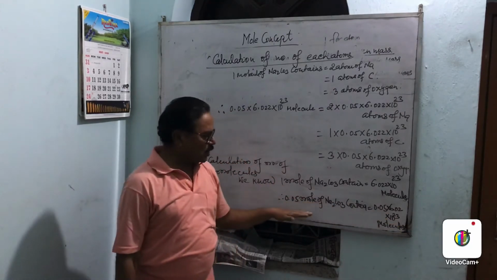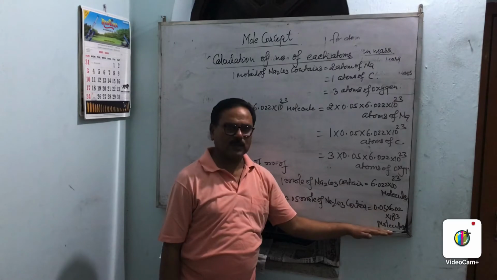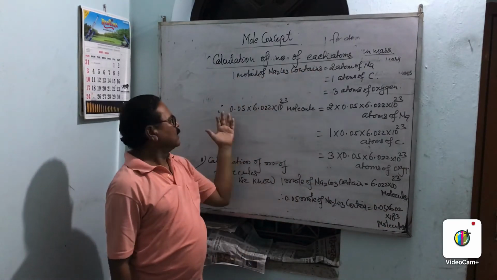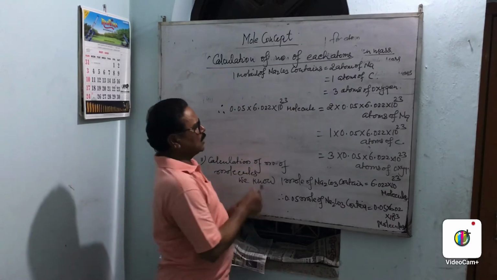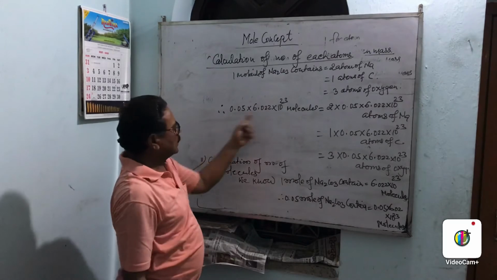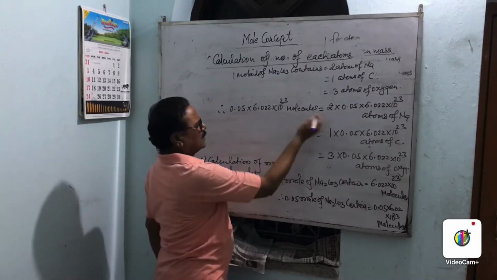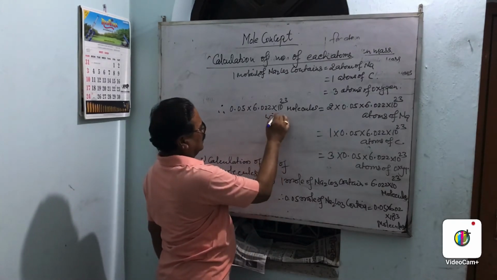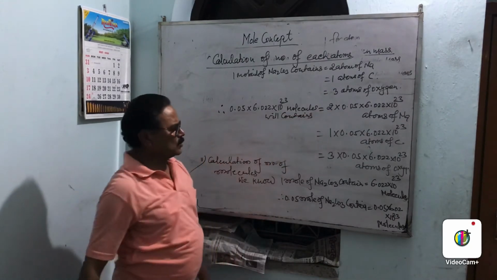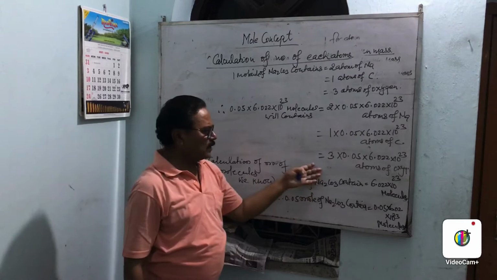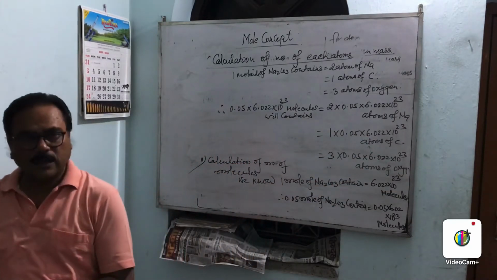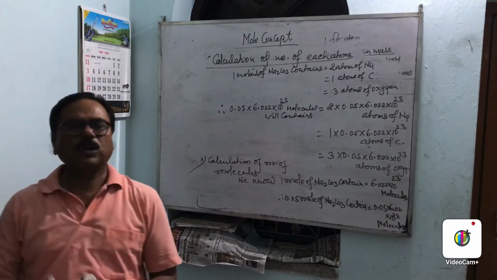So we correlate one molecule with its atoms. So this many molecules will contain this many atoms of sodium, this many atoms of carbon, and this many atoms of oxygen.